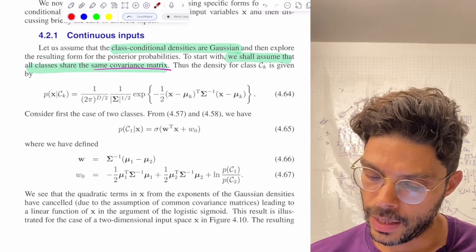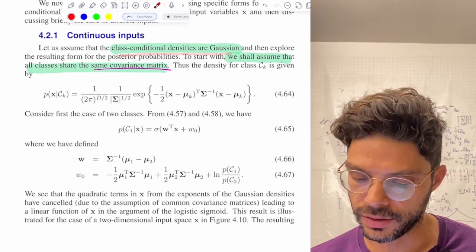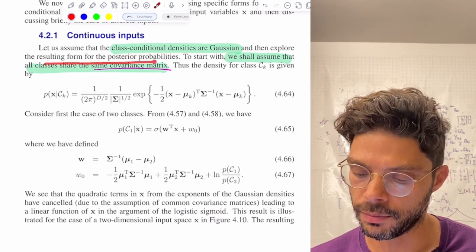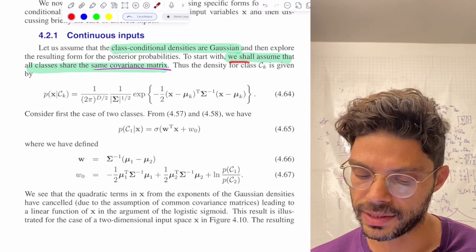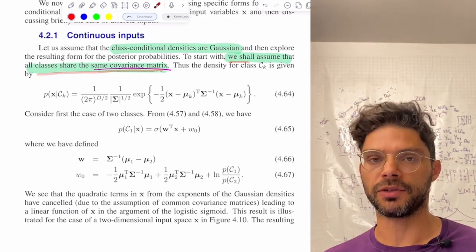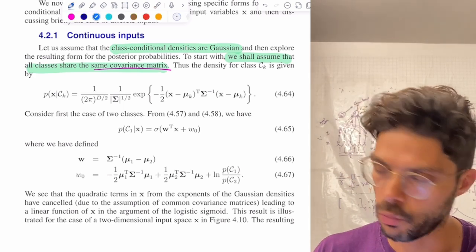So let's assume that the class conditional densities are Gaussian, and then explore the resulting form for the posterior probabilities. To start with, we shall assume that the classes all share the same covariance matrix. To get those linear decision boundaries, that's what you're going to have to assume. What does that mean?